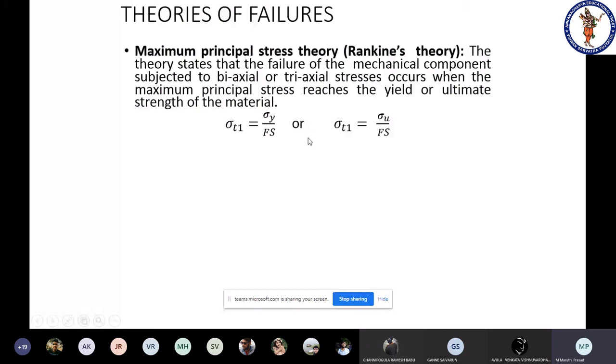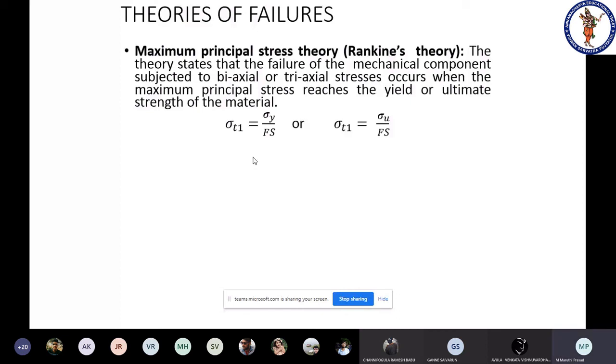In order to overcome failure, you have to keep the individual stresses less than the allowable stresses. The worst condition is when they are equal, that is sigma T1 is equal to sigma y by Fs. This is the first theory of failure, which is the maximum principal stress theory or Rankine's theory.